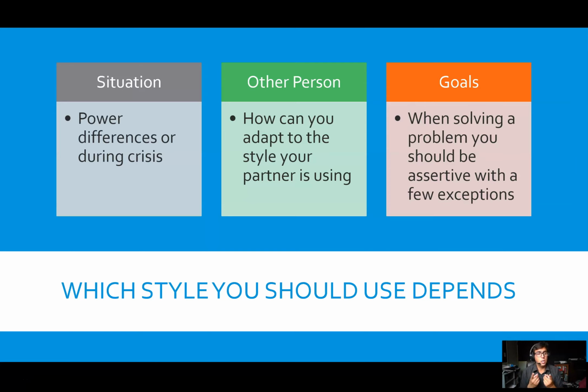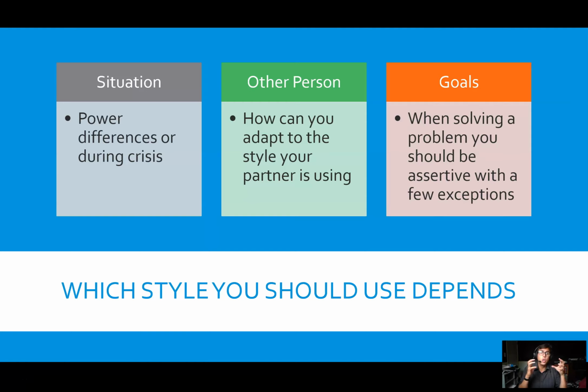Next, we also have to consider the other person. How can you adapt to the style that the partner is using? That is what you should be asking yourself. Because if someone is coming at you with aggression, then you may want to avoid to let them cool off a little bit, or try a collaborating conflict style to calm them down by showing value for their perspective.